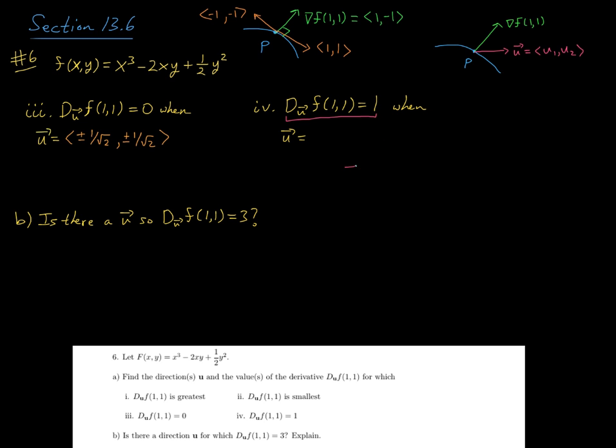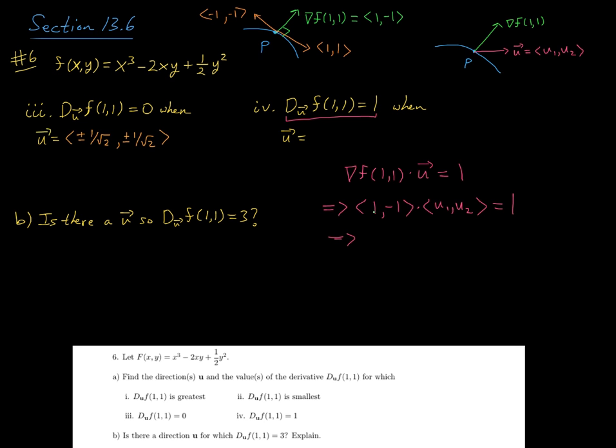Alright, so how do we compute this directional derivative? Well, it's the gradient vector evaluated at our point dotted with this unit vector we're looking for, and that has to come out to be 1. So if I take the dot product of our gradient, which was (1, -1), with this unknown vector (u1, u2), this has to equal 1.